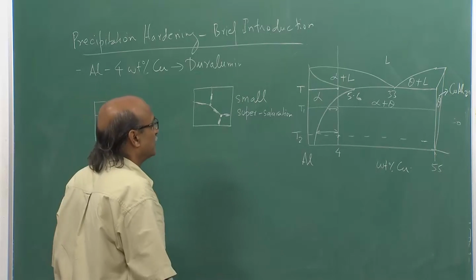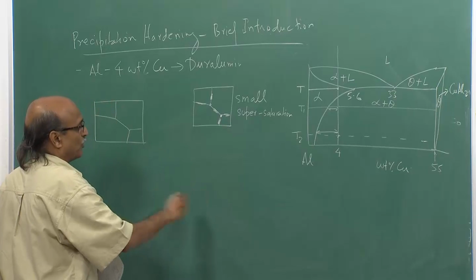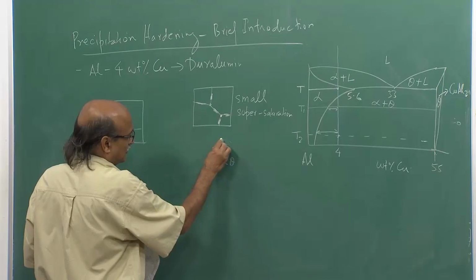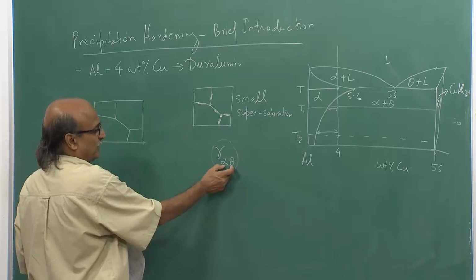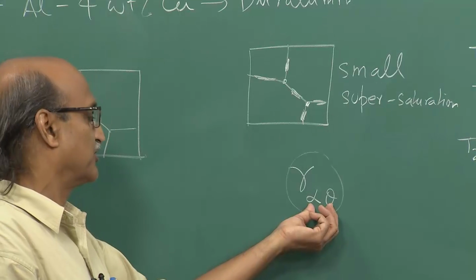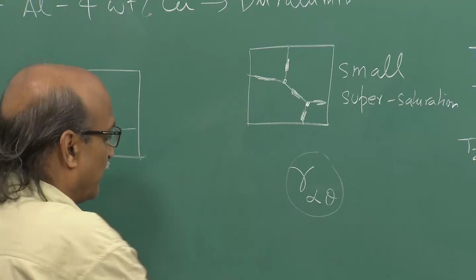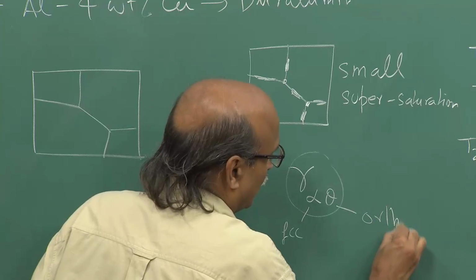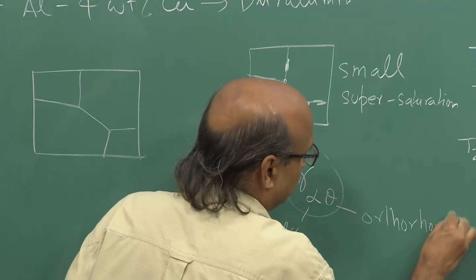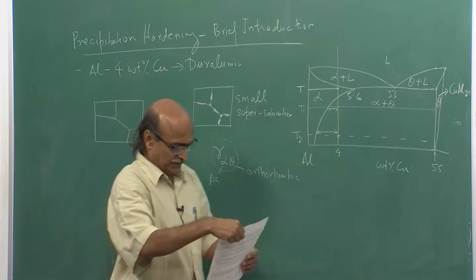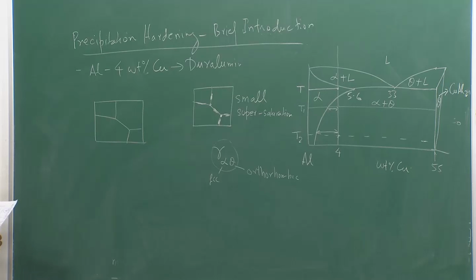And why is it very large? Particularly because gamma alpha theta, the interface energy between alpha and theta, is very large because of the very different crystal structures of alpha and theta. Alpha is face centered cubic while theta is orthorhombic. Hence, direct precipitation of theta does not become possible.